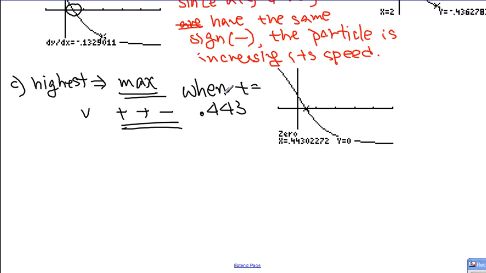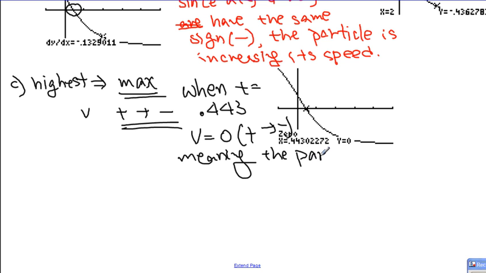When t is equal to 0.443, velocity is equal to 0, meaning velocity goes from positive to negative.